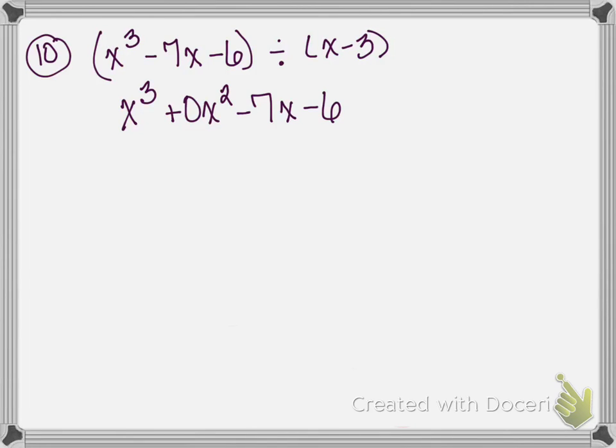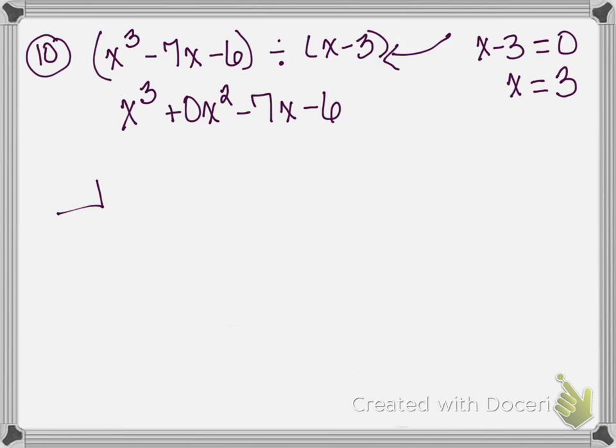Now, the number that I put in my box is the solution that's associated with that factor. And the way that I get that is I say x minus 3 equals 0. What does x equal? It equals positive 3 because I add 3 to both sides.